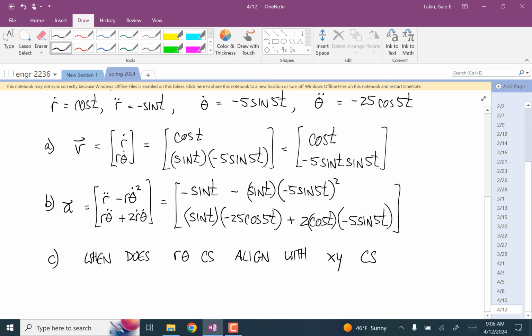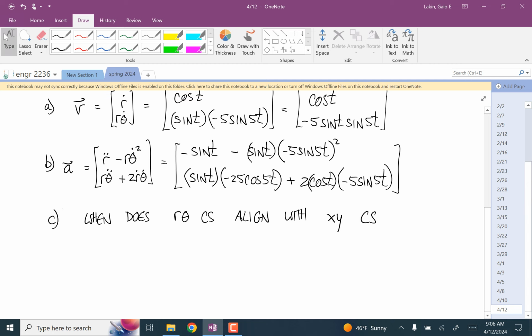Well, what would it take for those two to align? It would take the r axis to be horizontal, to match the x-axis, right? And so that would mean that theta has to be equal to 0, okay? Or 2 pi or 4 pi or whatever.